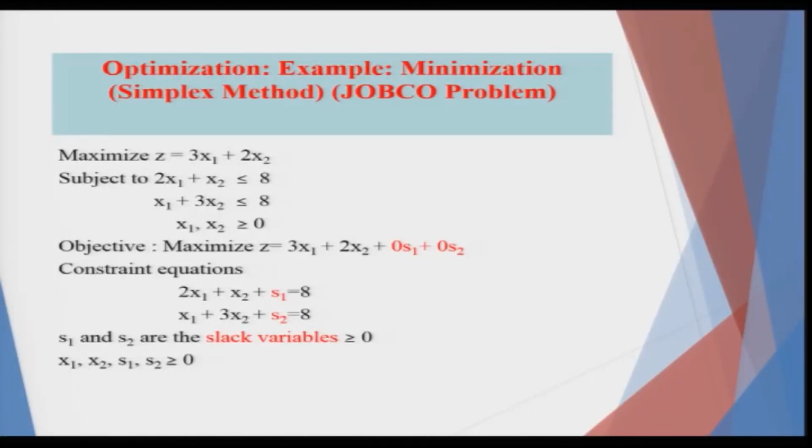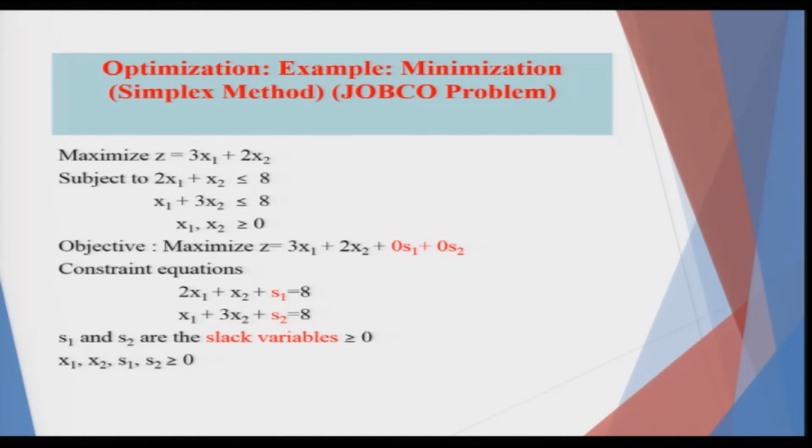Hence, when I formulate the maximization problem, it will be 3 x1 plus 2 x2 plus the slacks; if they were non-zero, they would pull it down or pull it up depending on whether you are looking at the slack or the surplus. I am using the word surplus also here.